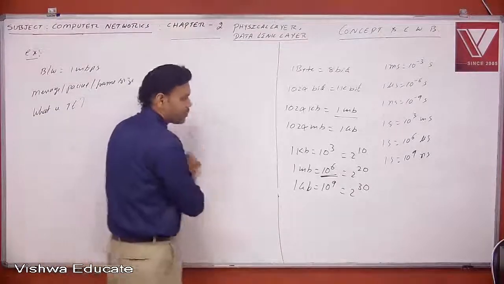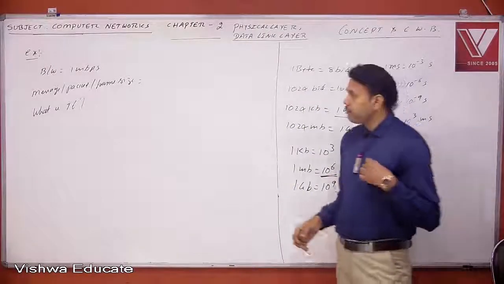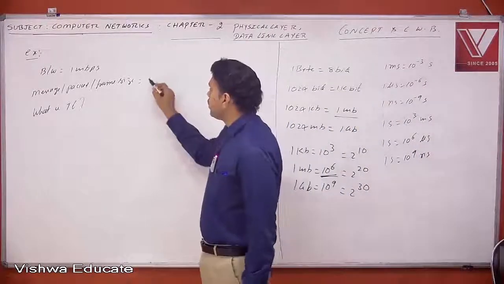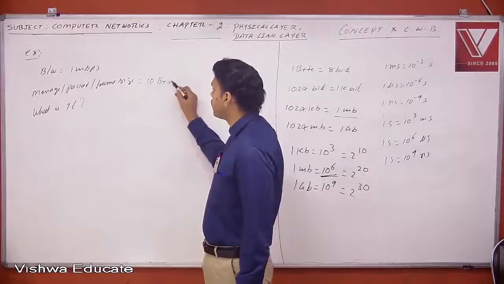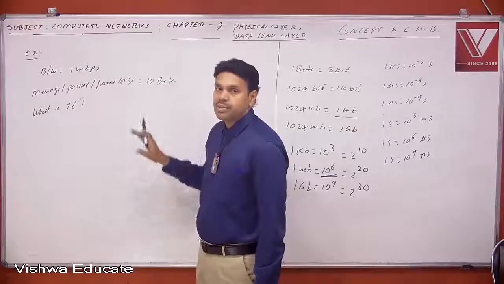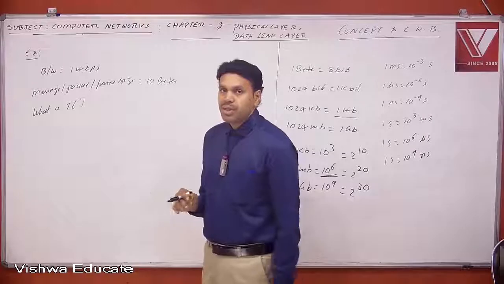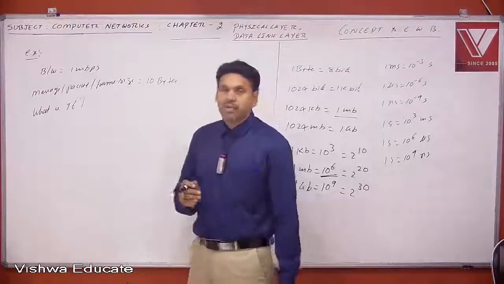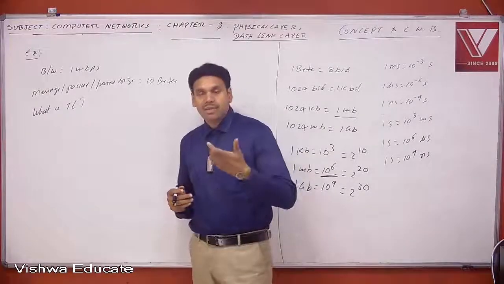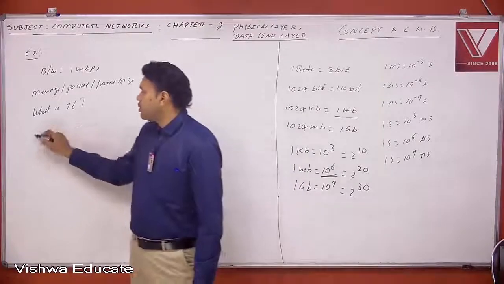This time, I am saying message size is only 10 bytes. With the same bandwidth, this time frame size is very less. Therefore, it takes very less time to push your data onto the media because your transmission time depends upon the size of the data you are sending using the bandwidth you are using.